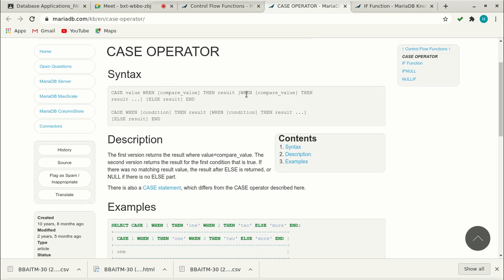When the value is equal to this, then give this result, and so on. At the end you give else this result, and it has two syntaxes. In the other syntax you don't give a value here, you write case when, you give a condition here, then this result, another condition, then this result, and else this result.